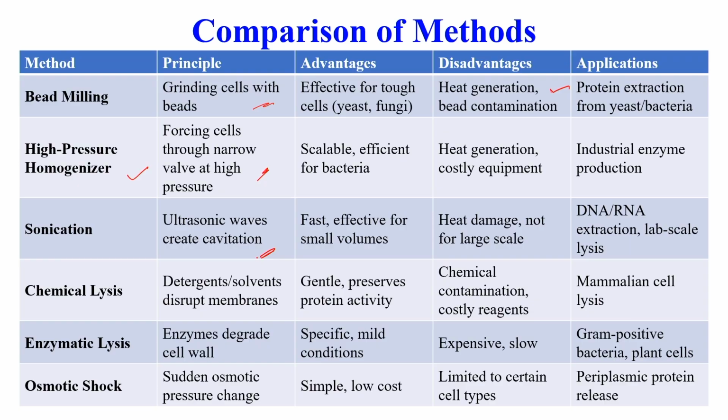Sonication generates ultrasonic waves. For chemical lysis, one can use detergent or solvent. In enzymatic methods, the enzyme degrades the cell wall, and in osmotic shock, there is a sudden change in the osmotic pressure. Advantages, disadvantages and some selected applications are also listed here, what we have discussed so far.